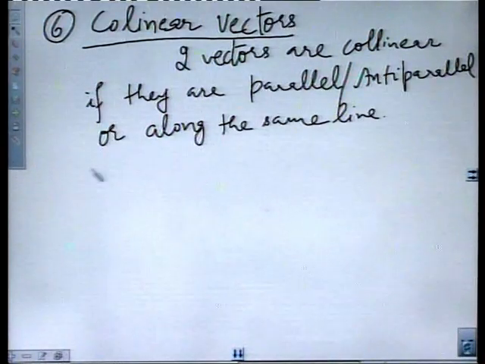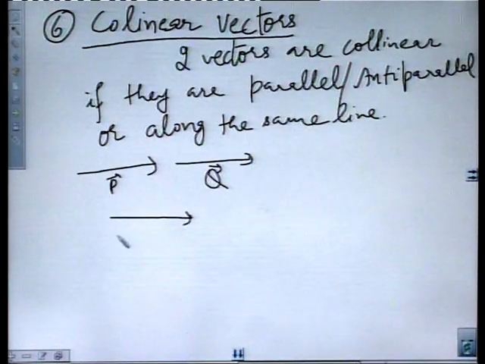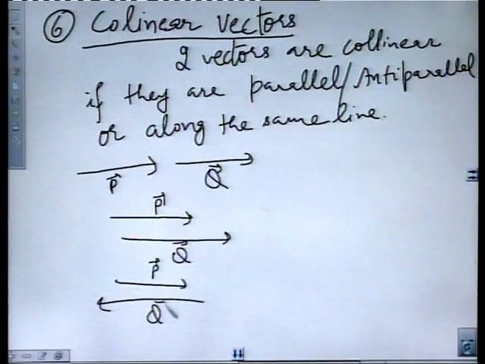Let us say we have vectors P vector and Q vector. These vectors can be equal or unequal in magnitude, but if they lie along the same line, or if they are parallel to each other, or if they are anti-parallel to each other, they are known as collinear vectors.